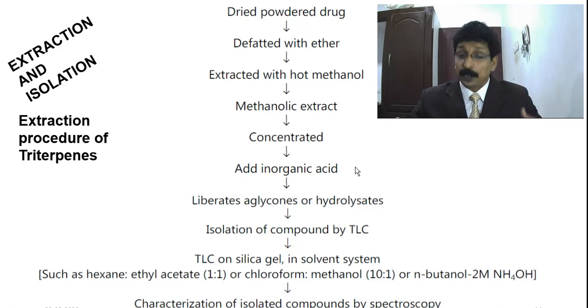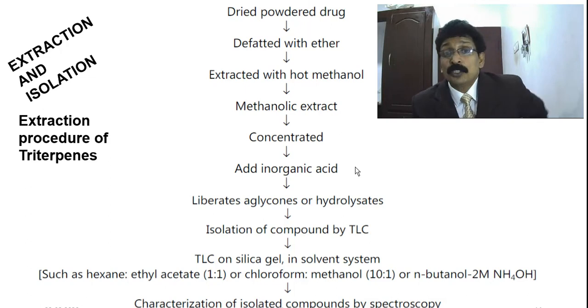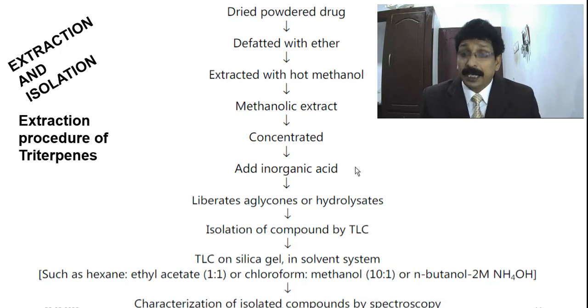You have UV spectroscopy, you have NMR spectroscopy, nuclear magnetic resonance, by which carbon and hydrogen can be identified. Mass numbers can be identified by mass spectroscopy. And there is GC-MS, that means gas chromatography connected with mass spectroscopy. There is also emission spectroscopy, and IR spectroscopy, infrared spectroscopy, by which functional groups can be identified.